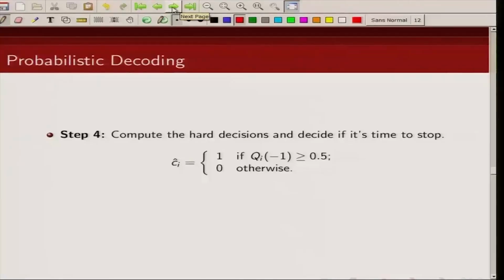Now these bit nodes are getting information from other check nodes as well, because each bit node is connected to multiple parity check equations. So it takes those inputs into account to update its Qis, and this process is continued in an iterative fashion until all the parity check constraints are satisfied. So finally, once you compute the a posteriori probability, if Qi being minus 1 is more than 1, you decide in favor of 1, otherwise you decide in favor of 0.